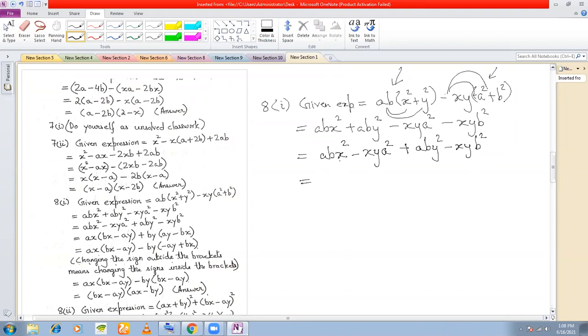Now what is the HCF of the first two? You see a here and you see a square here. So you can take out an a. B is not there in both, so B you cannot take. You have x square and you have an x, so you can take out an x. So what happens? From AB x square, you're taking out a and x. What are you left with? You're only left with a bx. Because if you divide AB x square by ax, you'll get bx.